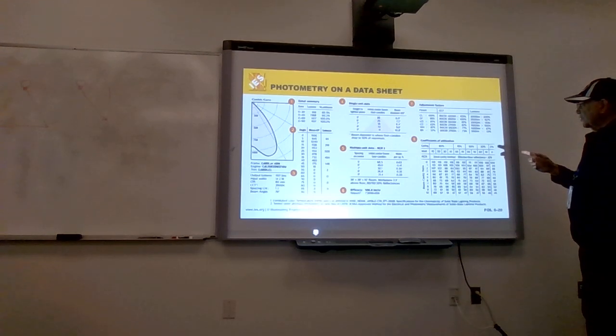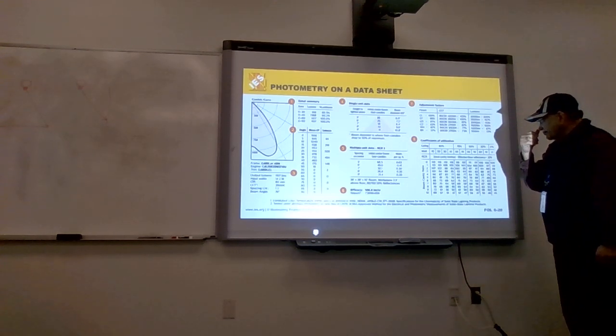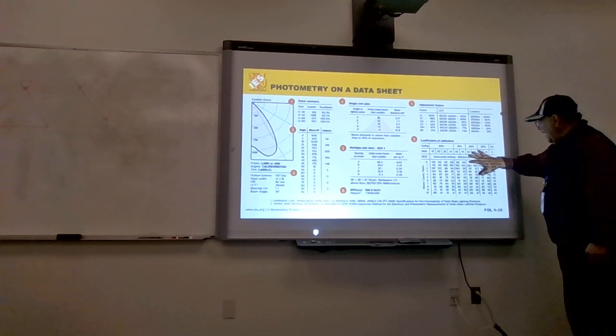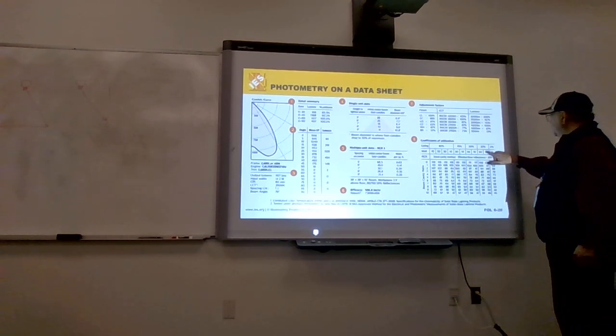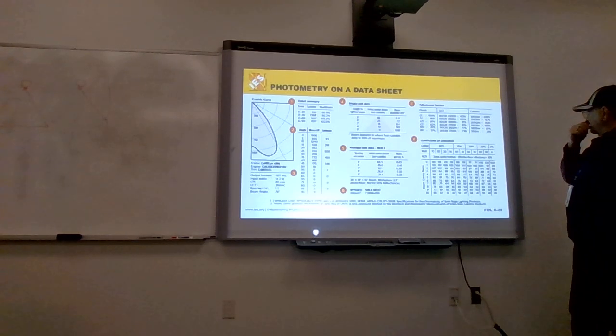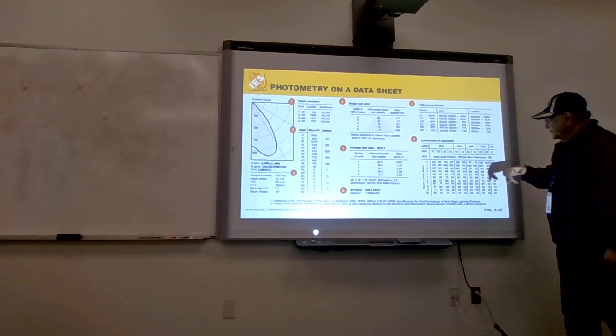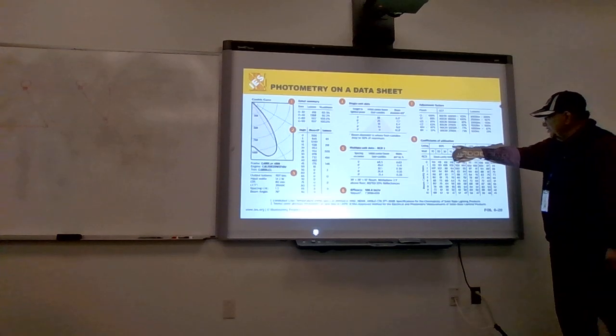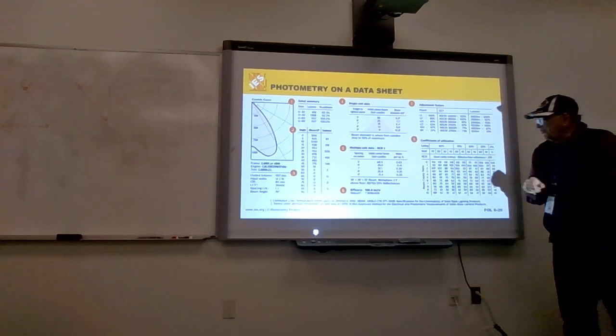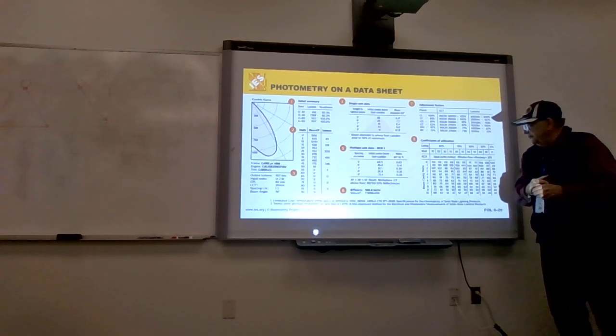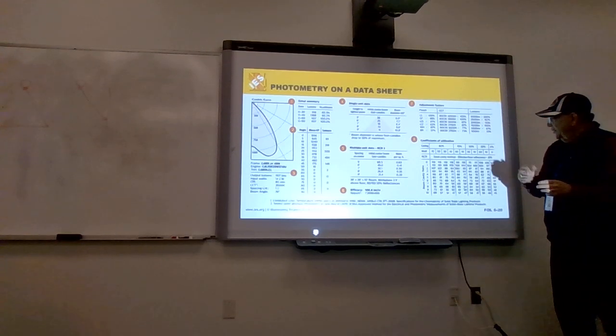So in this particular case, we have divided this into 1, 2, 3, 4, 5 different zones. And basically, in this particular zone, we have a ceiling reflectance of 80%. Okay?